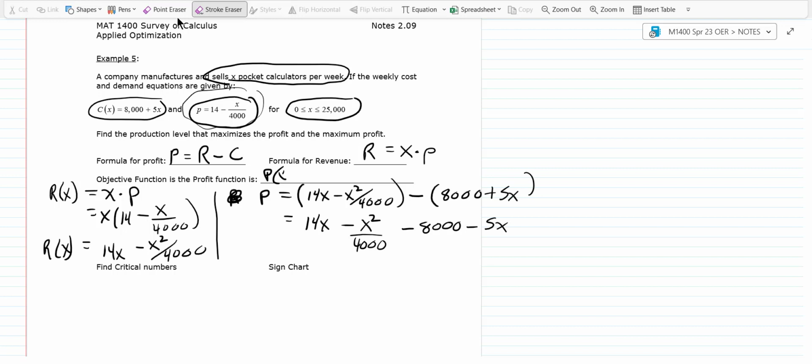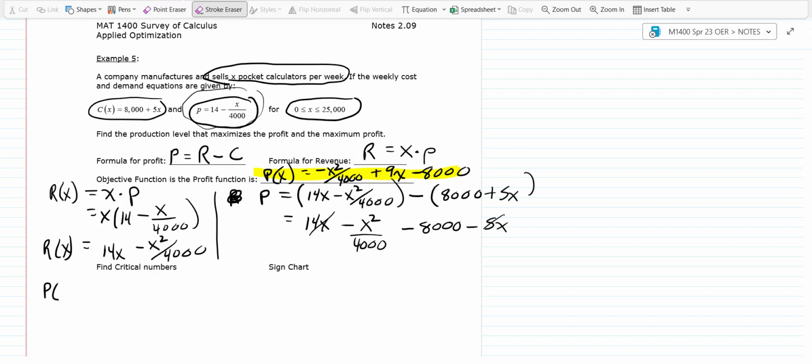So I'll write in the answer blank, we get negative x squared over 4,000, and then 14 minus 5 is going to be plus 9x minus 8,000, like that. Okay, so that's the profit, that's your revenue minus cost. That's what we're going to work with and kind of get everything put together with. Okay, anybody have a question about that?